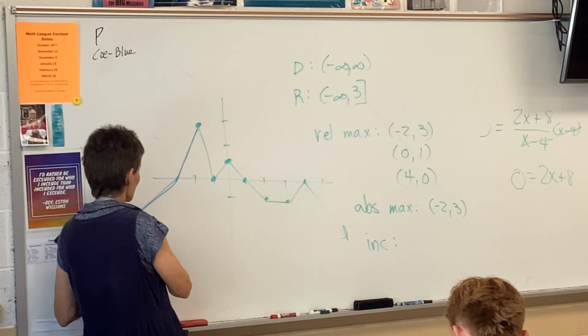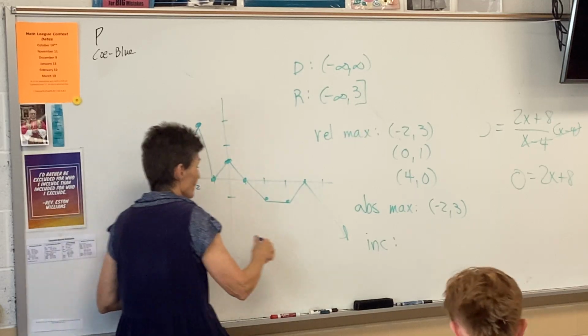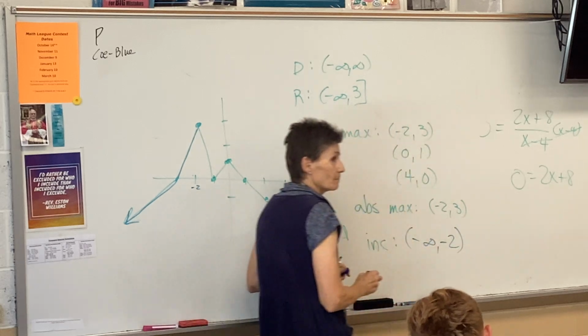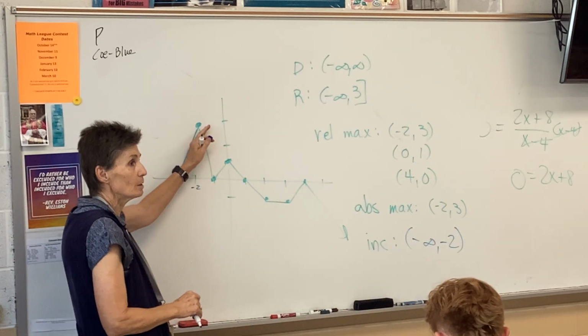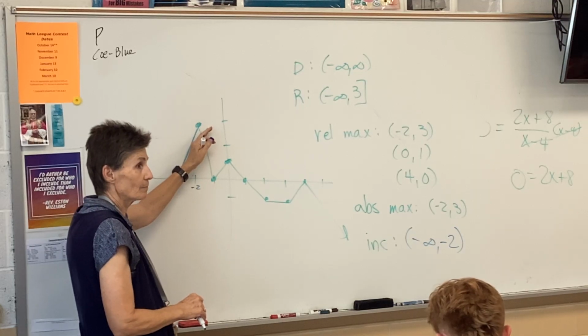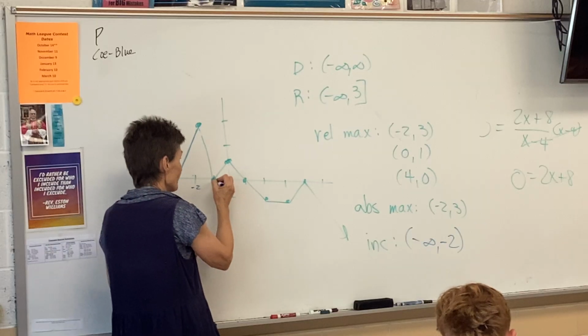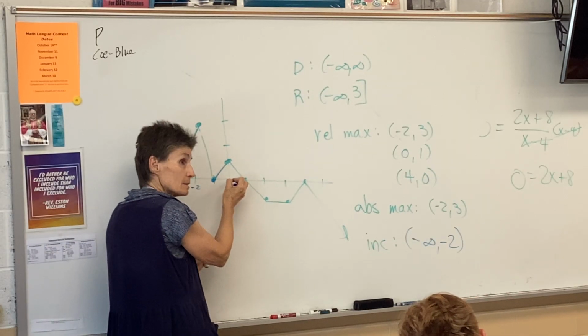From negative infinity to negative 2, my pencil is going up. Now, where do I start going up again? Right here. So that's negative 1 to 0.